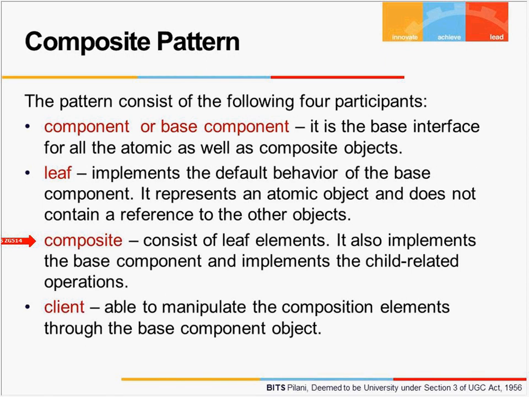It also implements the base component, and additionally, it provides other operations in order to be able to access the components which are within itself. It provides various child-related operations.